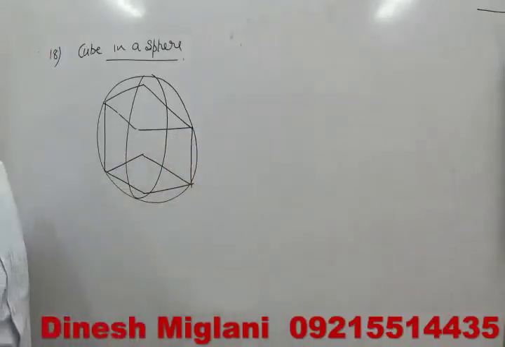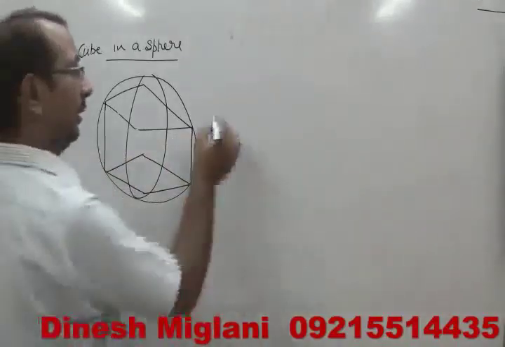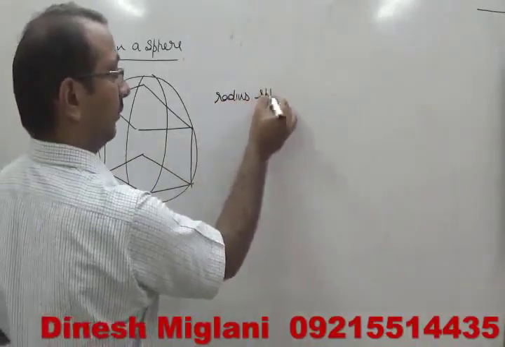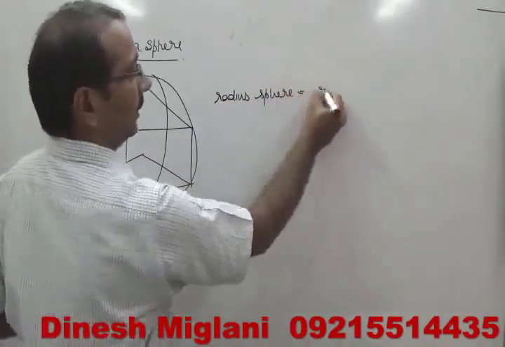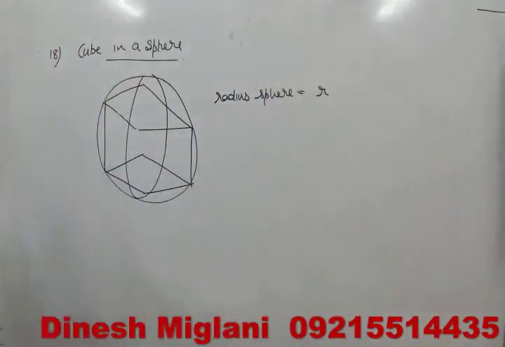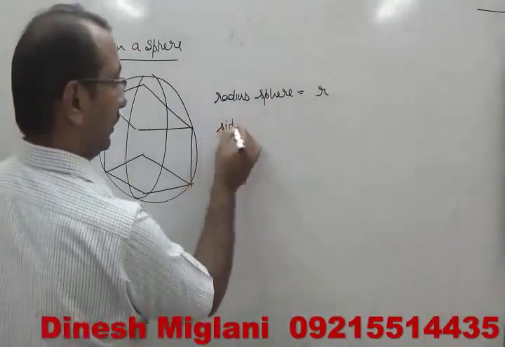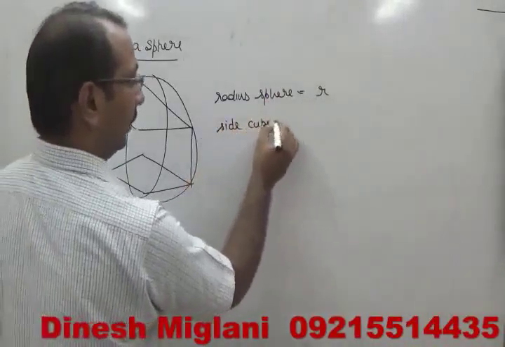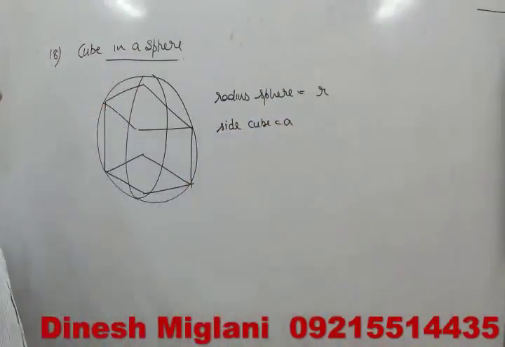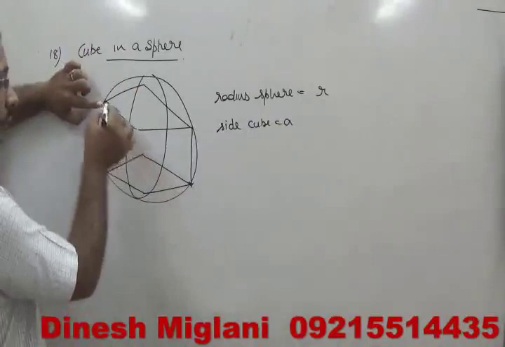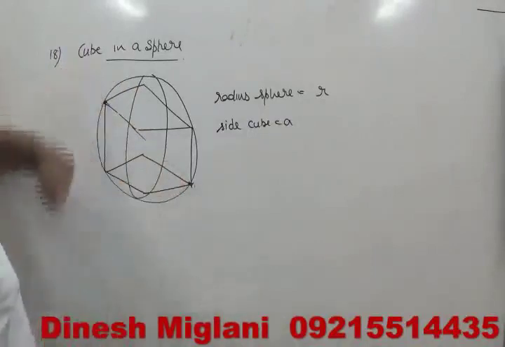Now if you have to answer it, suppose it is given that the radius of the sphere is r, and we have to find the side of the cube. Let us assume that the side of the cube is a. When the side of the cube is a, the diagonal of the cube is the diameter of the sphere.